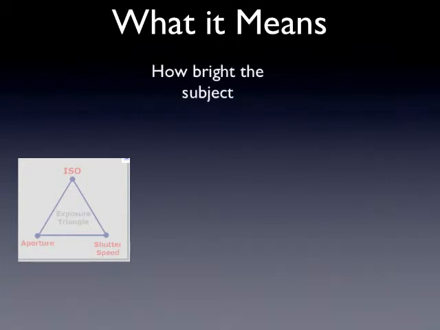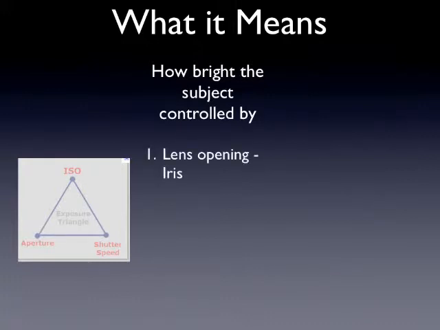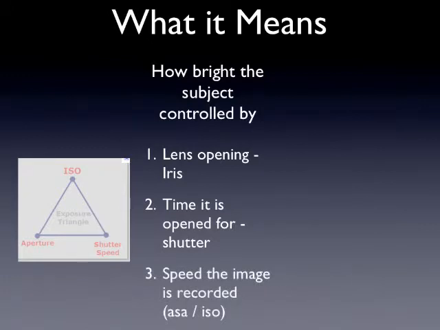So what it means, number one, how bright the subject is controlled by, in other words, how much light this lets in, is number one, the lens opening of the iris, the time it is open for, which is the shutter, and the speed the image is recorded, which is the ISO or ASA.